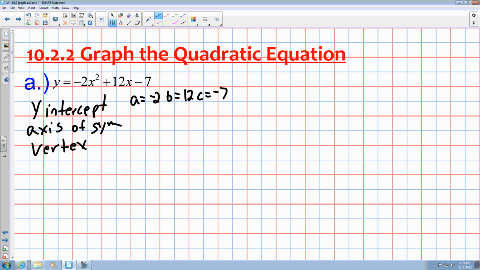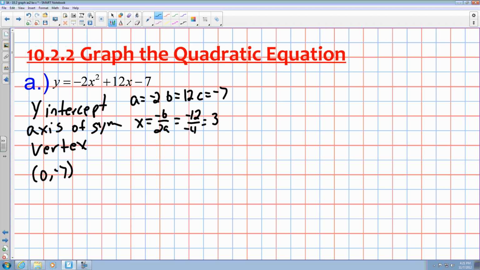Our y-intercept, from what we saw from the beginning directions, is 0 comma c. So with c equaling negative 7, we know that our y-intercept is going to be at coordinates 0 comma negative 7. To get the axis of symmetry, we're using x equals negative b over 2a, and that equals negative 12 over negative 4, which gives us 3.